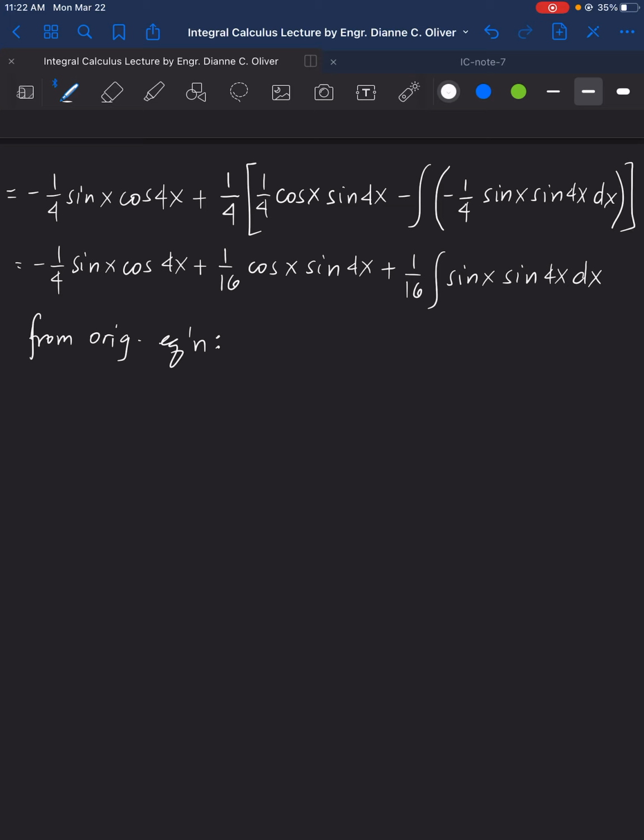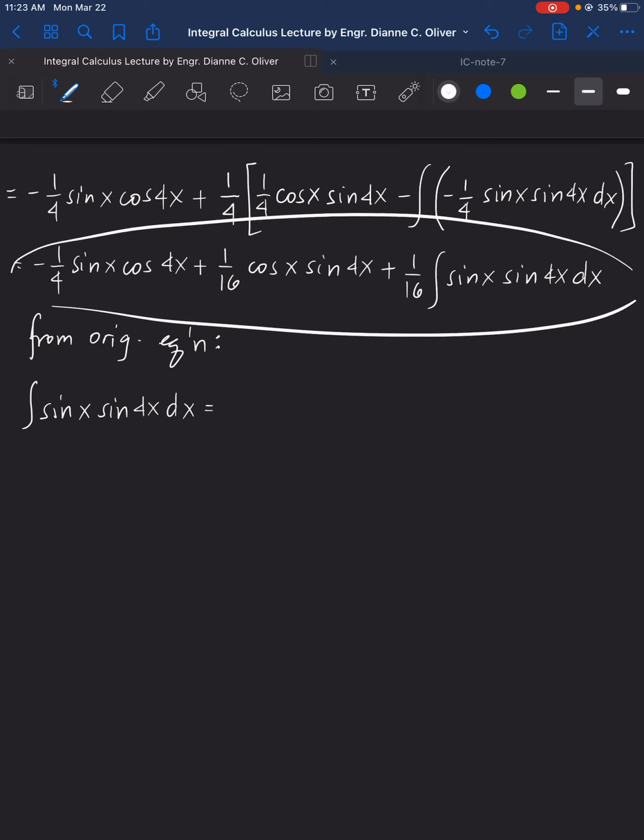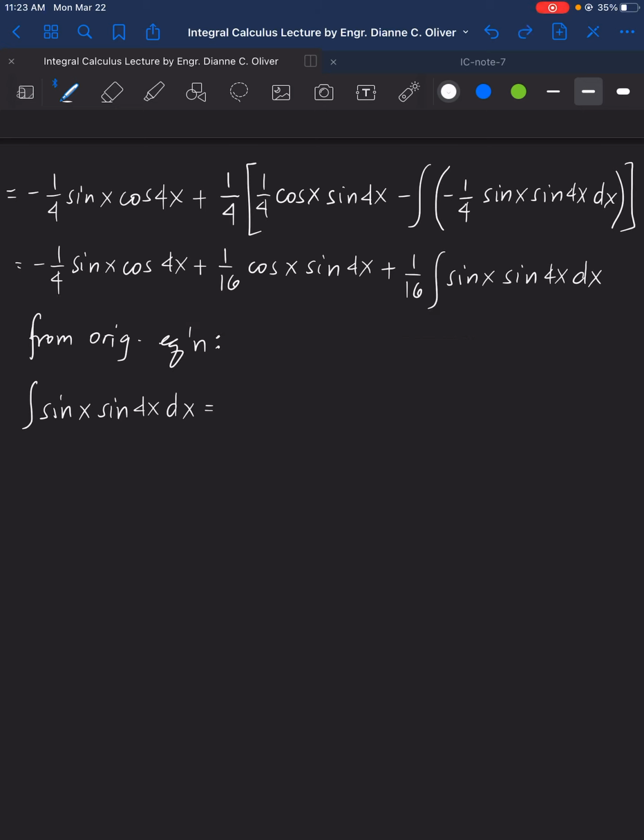we have the given sine x sine 4x dx is equal to, let's copy this, negative 1/4 sine x cosine 4x plus 1/16 cosine x sine 4x plus 1/16 integral of sine x sine 4x dx.